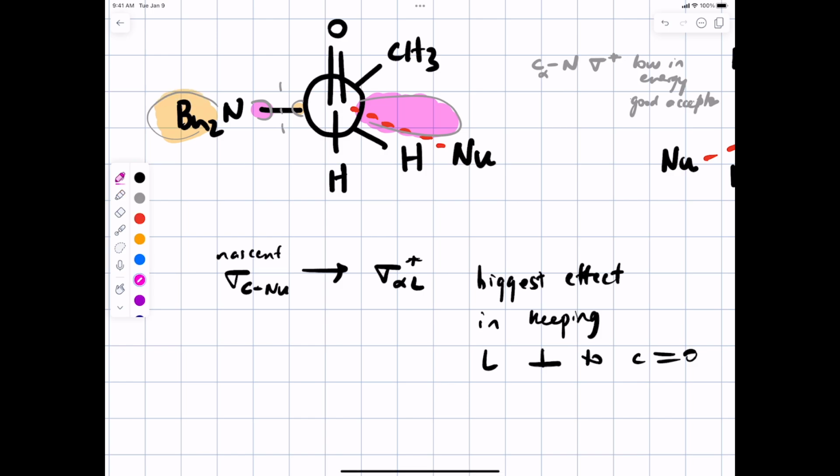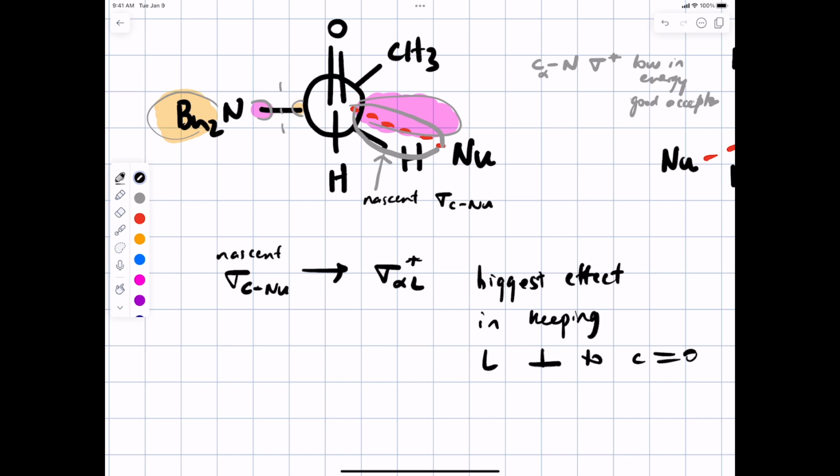Then we would talk about this being the new sigma bond between carbon and the nucleophile, and it's probably donation from that carbon nucleophile bond into the carbon nitrogen sigma star that makes that conformation most reasonable.